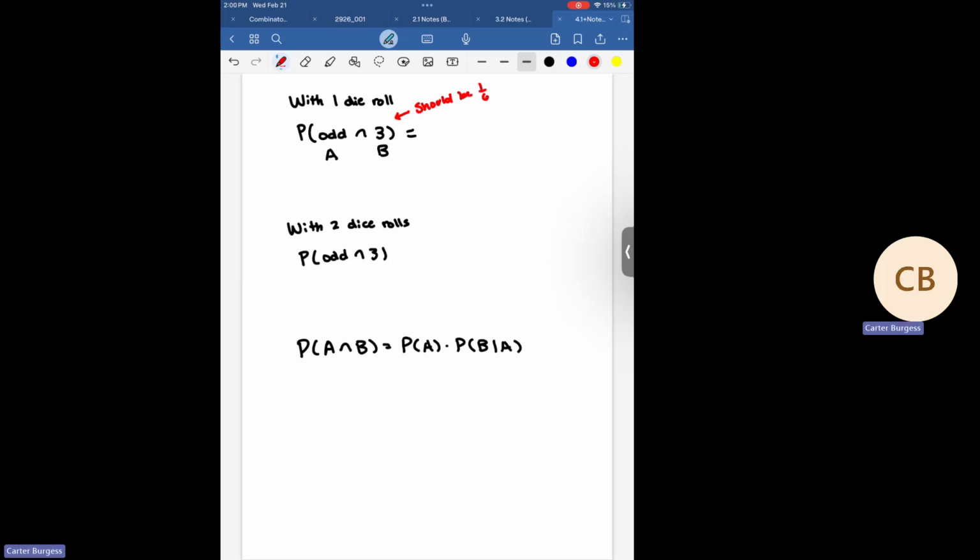If they get a 3, that's the only one that satisfies both of those conditions. So we know that it should be 1 in 6. Let's show that through our calculation here. What is the formula going to look like for the probability of getting an odd and a 3? Not really. Funny enough, you get very different looking results, but no, ultimately it doesn't matter.